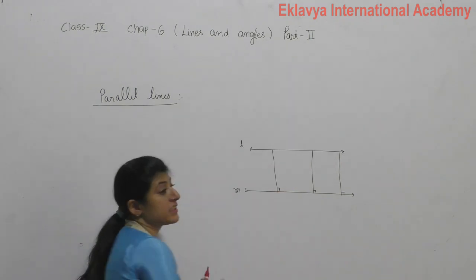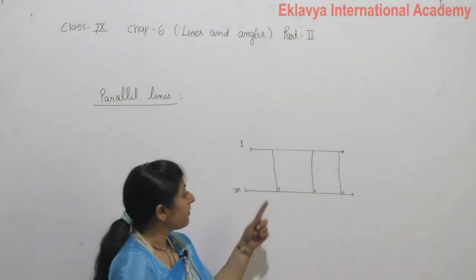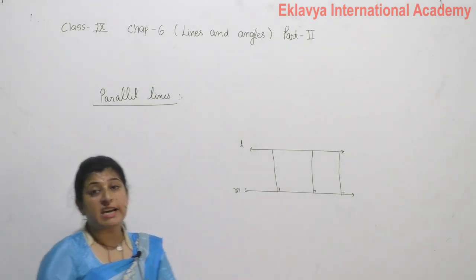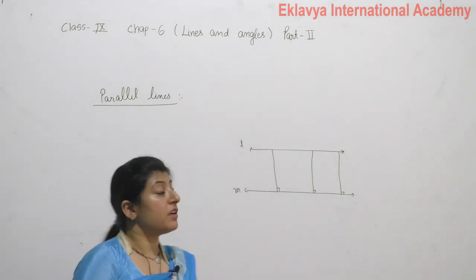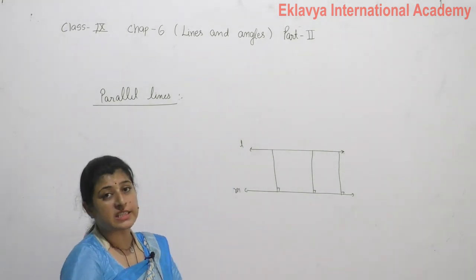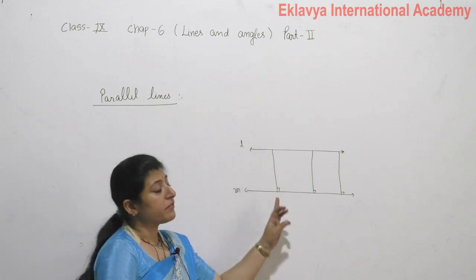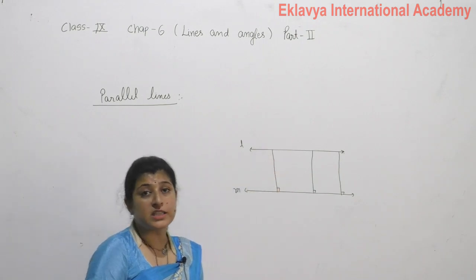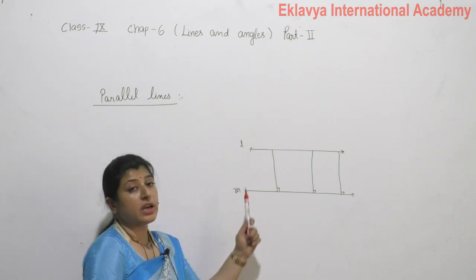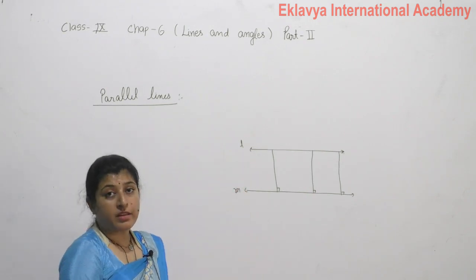And what is this distance? We talk about always the perpendicular distance. Two lines are said to be parallel if the perpendicular distance, or we can directly use the word distance, between two lines is always constant. Then we can say these two lines are parallel lines.